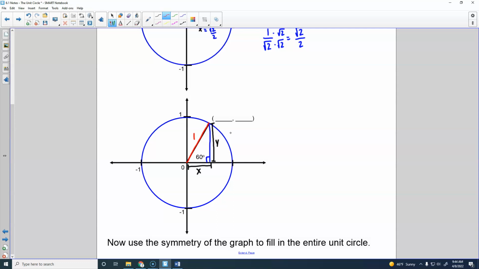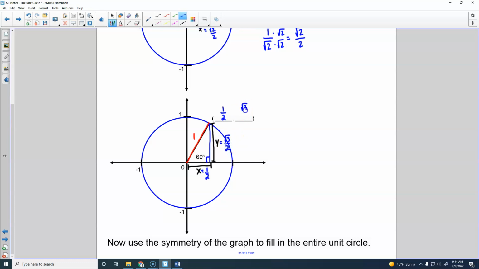So this time to find the short leg, which is now my x, all I have to do is divide by 2. So this x right here is going to be 1/2. So that's going to be our x coordinate. And then to find the y, we're just going to multiply by the square root of 3. So that is going to give us square root of 3 over 2.